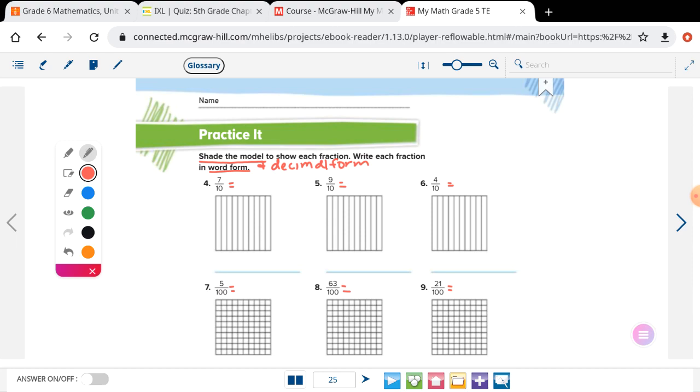So the first one, who thinks they can say it properly? Elia, can you say that fraction properly? Because that'll give us our word form. We'll look at the bottom number. What's the bottom number right here? So it's 7/10. So right here, let's write 7/10. Okay, and I don't care which one you start with.